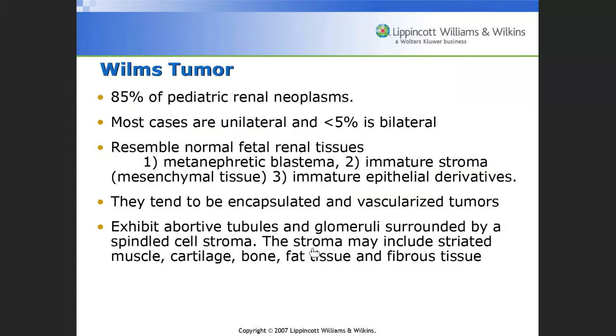In the malignant type of tumors that you often see in children, okay, it started out as benign, but it becomes malignant. These tissues derive from the metanephric blastema, which really means it's a stem cell, if you will, and as such, they can actually produce muscle, cartilage, and bones.